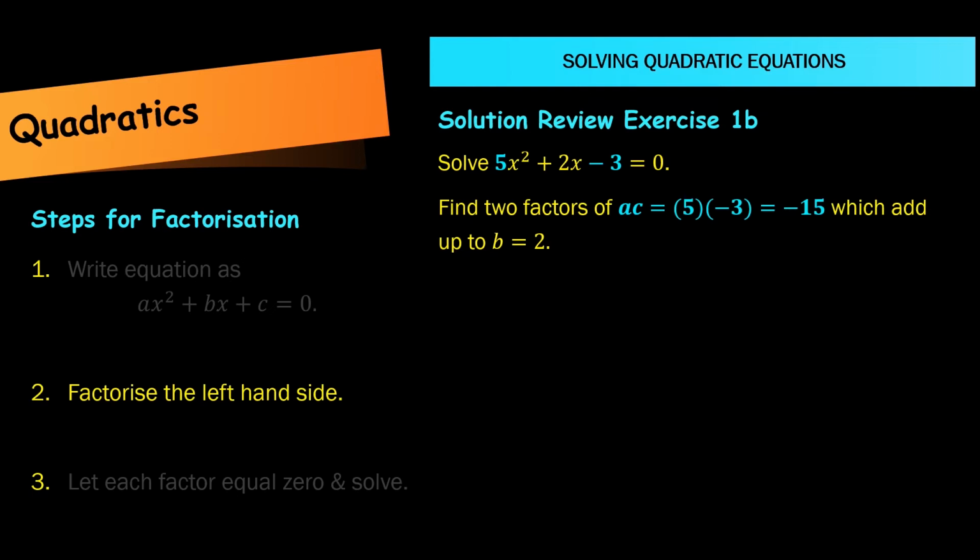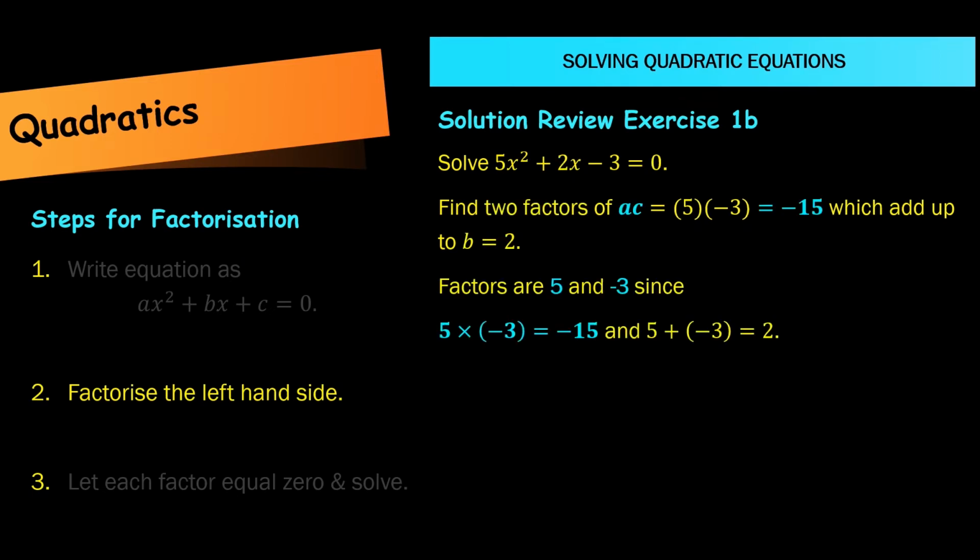From here, we need to find two factors which add up to b equals 2. And the two factors we're looking at are 5 and minus 3, since 5 times minus 3 equals minus 15, and 5 plus minus 3 equals 2.